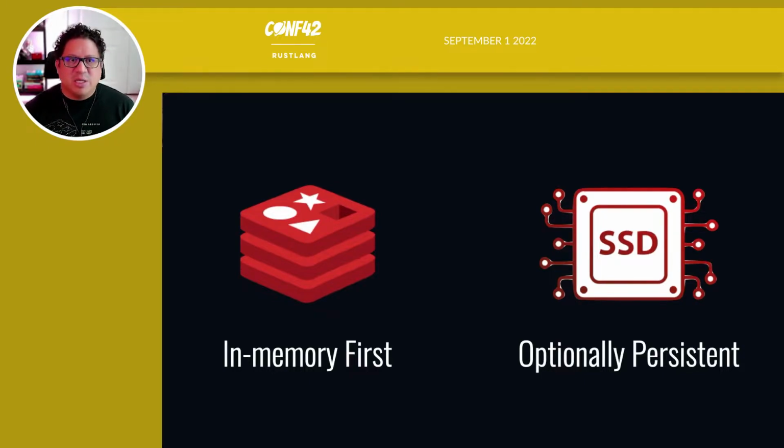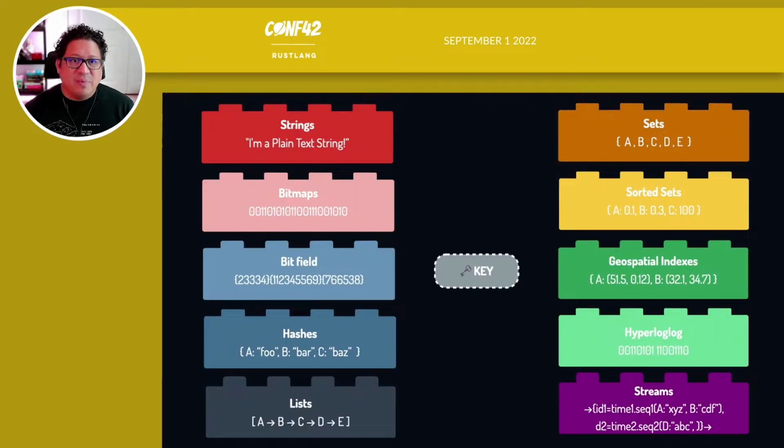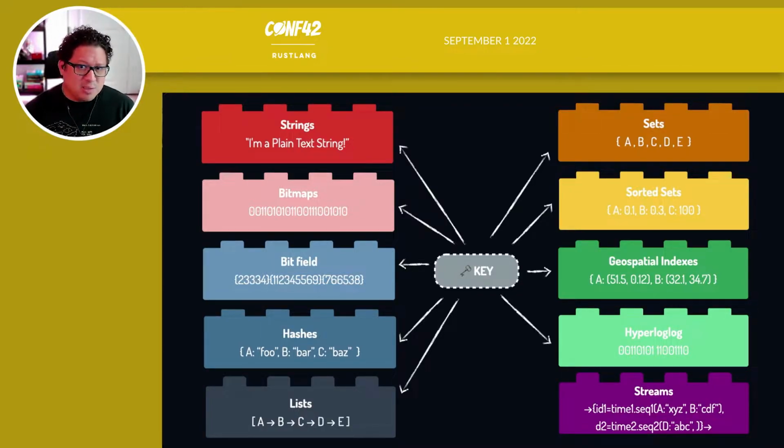Out of the box, you get strings, bitmaps, bit fields, hashes, lists, sets, sorted sets, geospatial indexes, HyperLogLogs, funny name, and streams. But there's more. And those are all the values that can be addressed using a key in Redis.